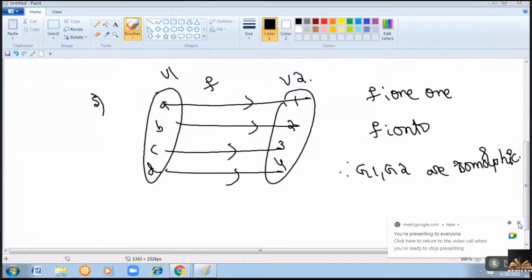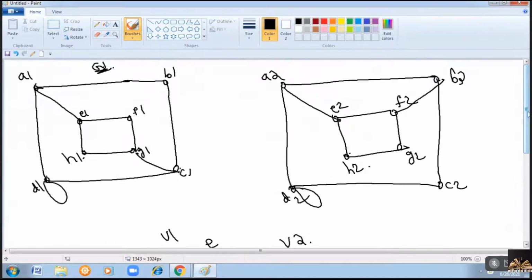Okay, now you take this example and let me know whether these are isomorphic or not. Make it fast.